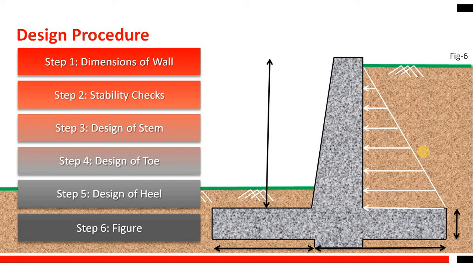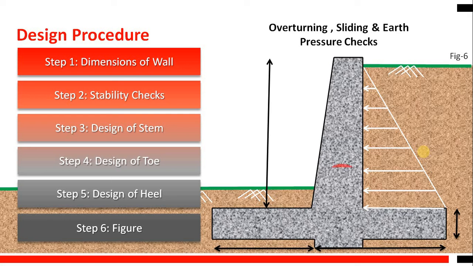The second step is to check for stability. The stability check includes the overturning check, sliding check, as well as the earth pressure check. Third, we will design the stem. Fourth, we will design the toe and the heel. And finally we will draw the figure.